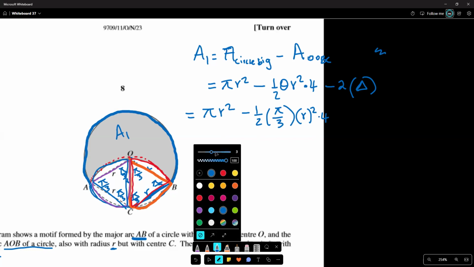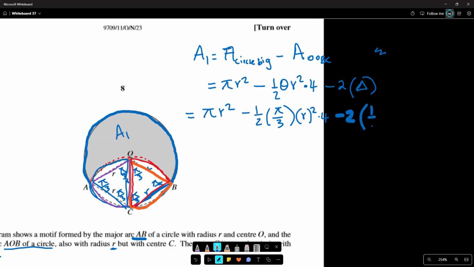Then minus 2, that is too big, let's put it to 3. Then remember the area rule says it's half the first side, which is this one. I'll say half times r, times the second side. So I'm using this side and that side, times r, and the angle in between them, which is that. So sine of pi over 3. Now we can simplify. So we're going to have pi r squared.